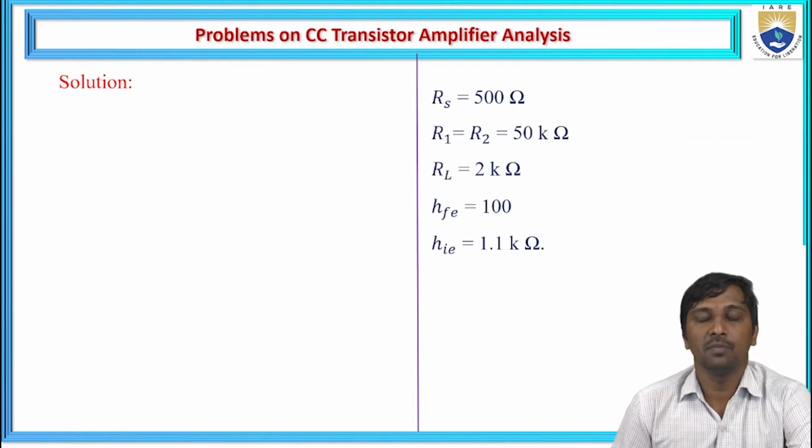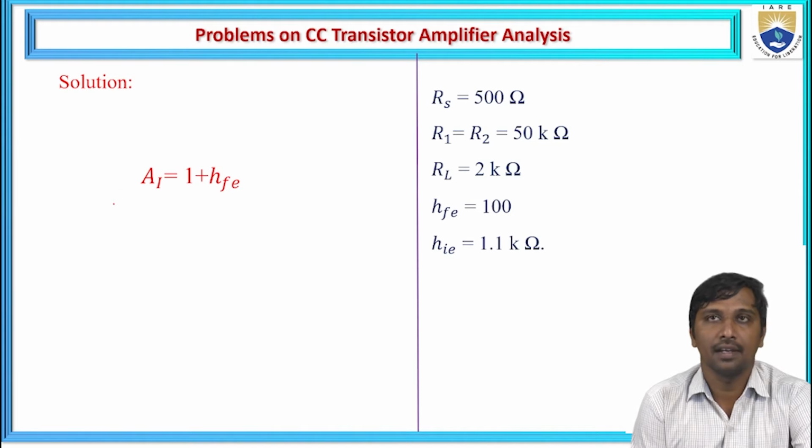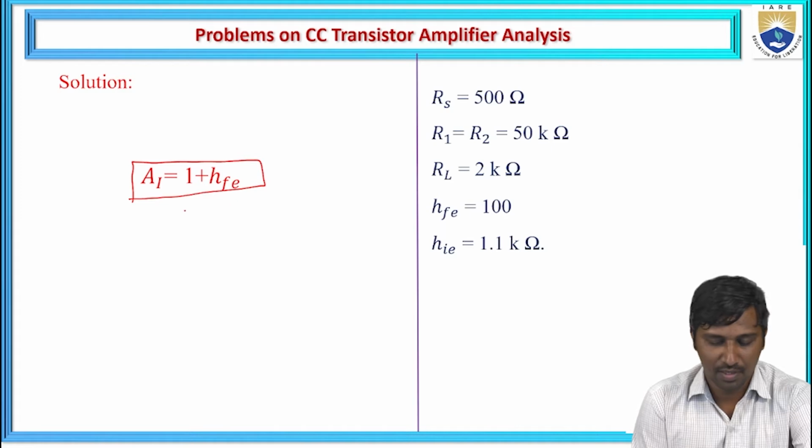Then in the given problem, we again need to calculate the current gain as well as the voltage gain. To determine the current gain for a common collector transistor amplifier as per the small signal model analysis, the current gain is represented as 1 plus HFE. We know the HFE value from the given specifications.